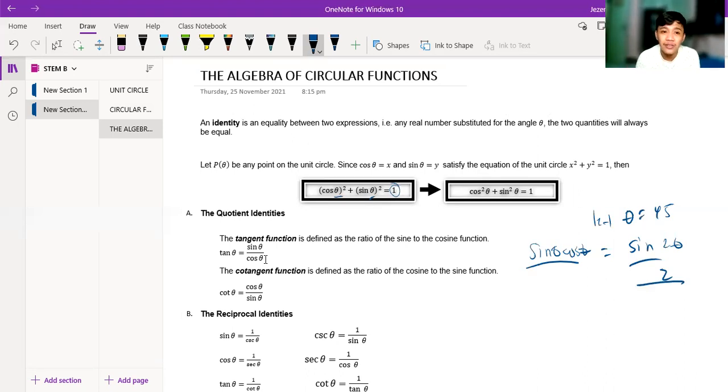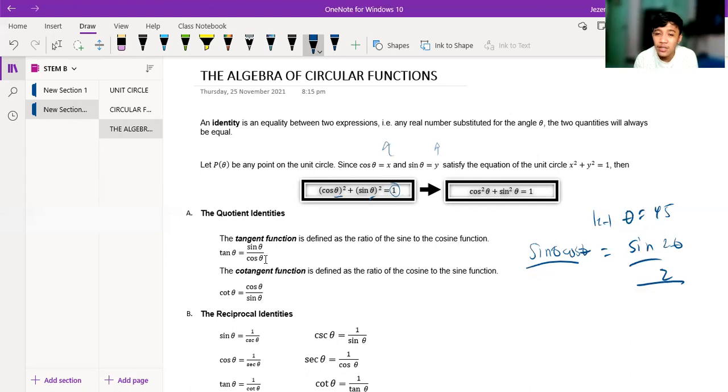Okay? So, let's say that let P of theta will be a point of this unit circle. Since cosine theta is equal to x, by unit circle, sine theta is equal to y. Ito galing sa Cartesian plane. Satisfy the equation of unit circle, x squared plus y squared equals 1.